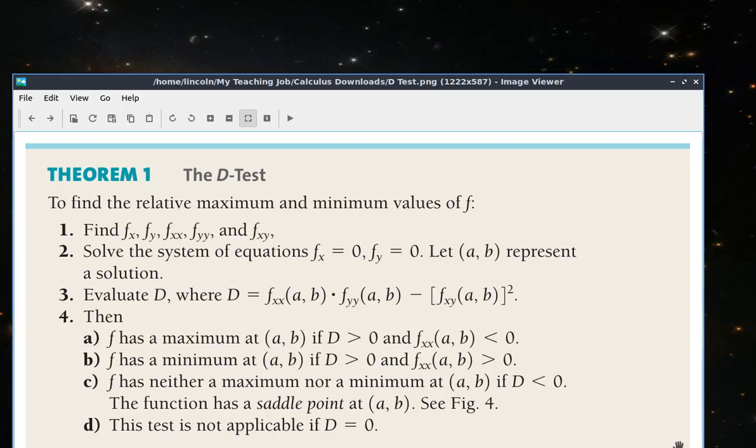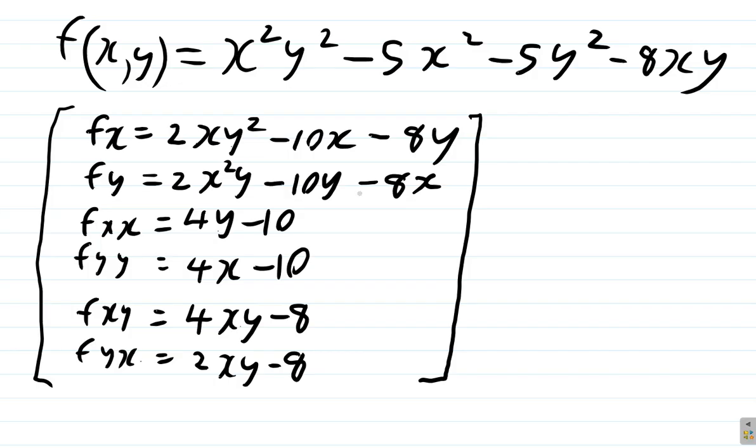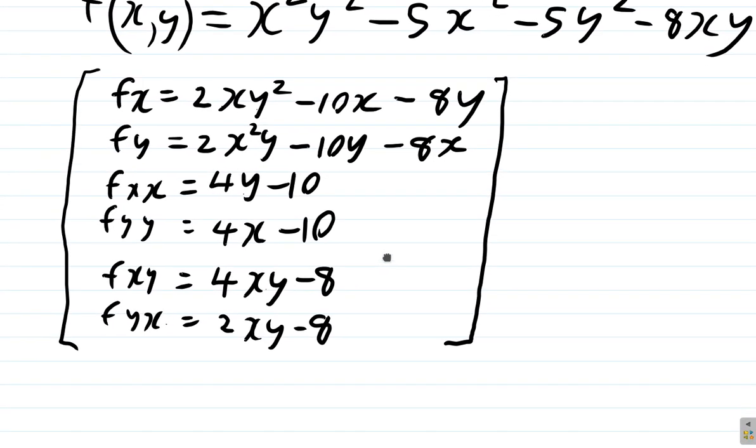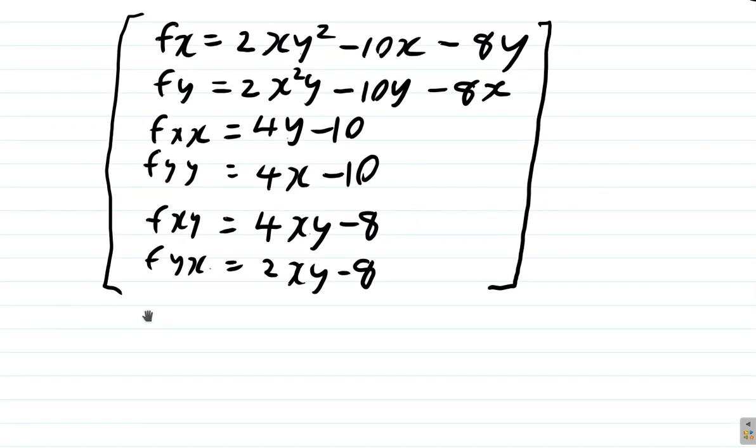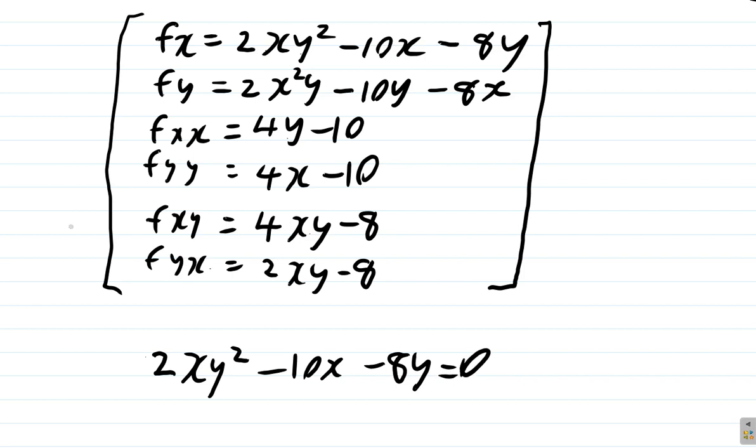Now, let's look back at our formula sheet. The next thing we will do is solve the system of equations equating fx to 0 and fy to 0. Let coordinates a, b represent a solution. So if we equate fx to 0, we have 2xy squared minus 10x minus 8y equals 0.